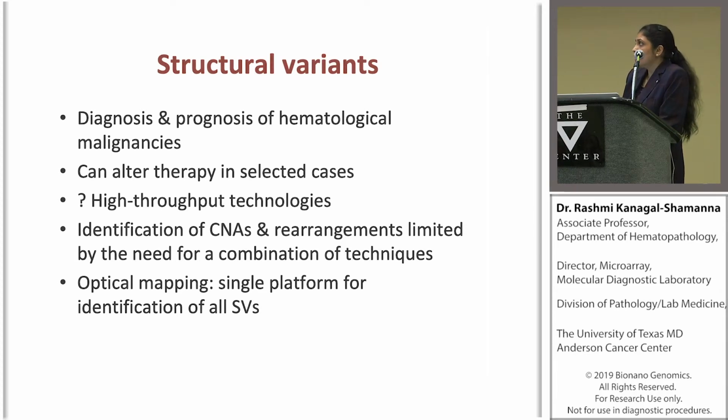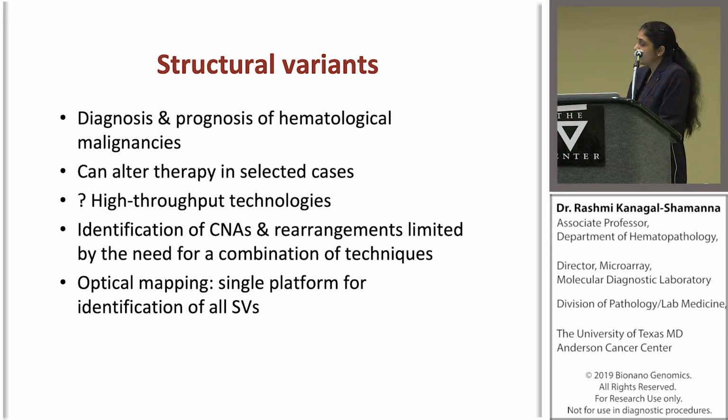Now, structural variants include both copy number changes as well as balanced rearrangements. And right now, the identification of both of these variants is limited by the need for a combination of techniques. This would include conventional karyotyping, FISH studies for known aberrations, as well as microarray studies.